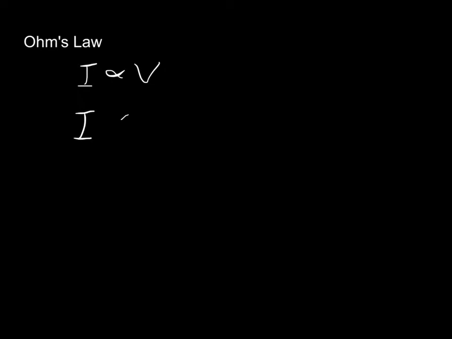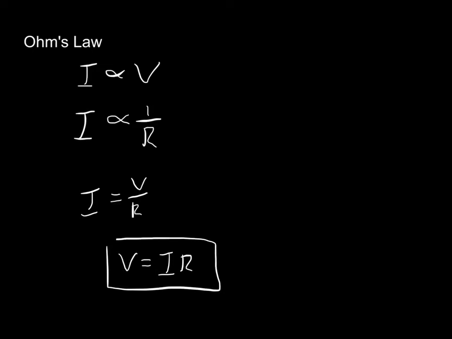Current is also proportional to 1 over resistance. We say 1 over resistance because they're inversely proportional: the more resistance you have, the harder it is for current to flow. Putting all of that together, we get I equals V over R, or usually we write it as V equals IR. This is called Ohm's law.